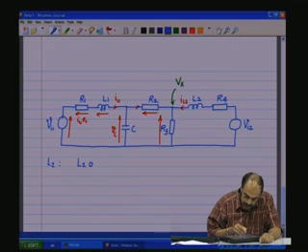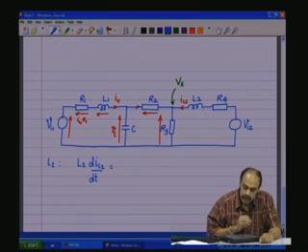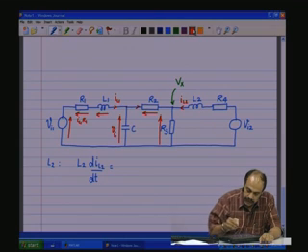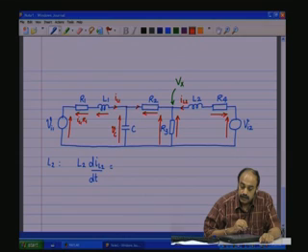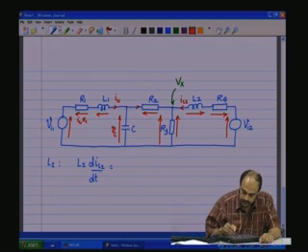L2 dIL2 by dt is equal to the voltage across L2. Now, the voltage across L2 is obtained by, now the current is flowing in this direction, let us say there is the effort of the source which is like that, the current direction is assumed in this way, and therefore, we have the voltage across R2 in that direction, and the voltage across L2.